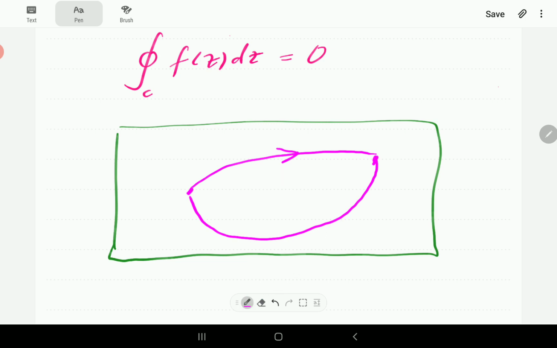So if you call this one C1 and call this one C2, then the integral of f along C1 and C2 will be exactly the same.